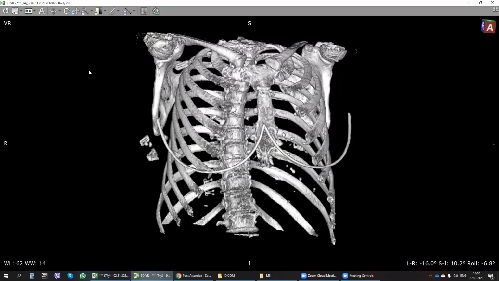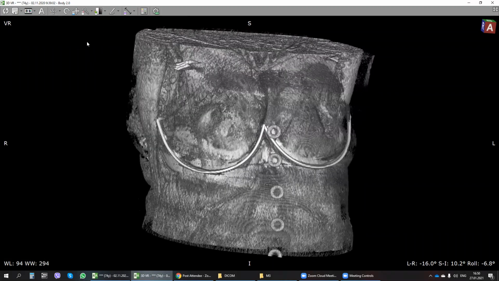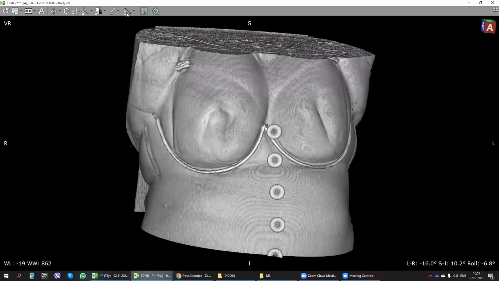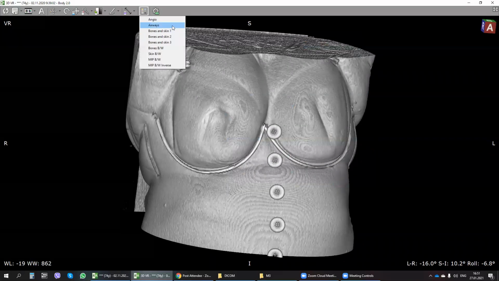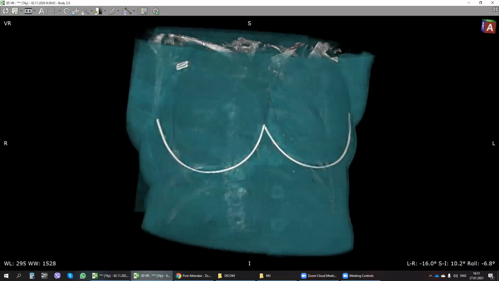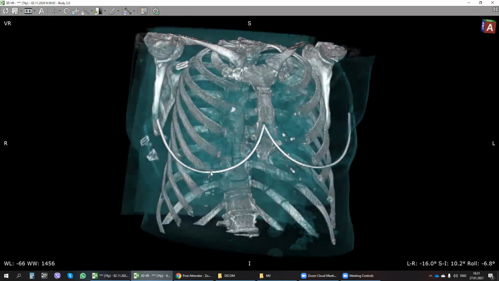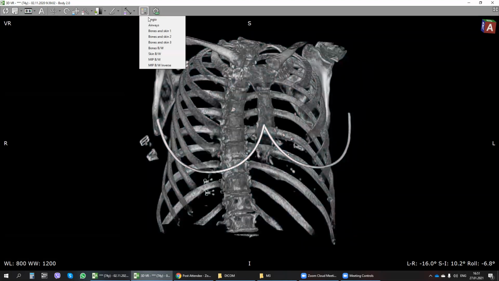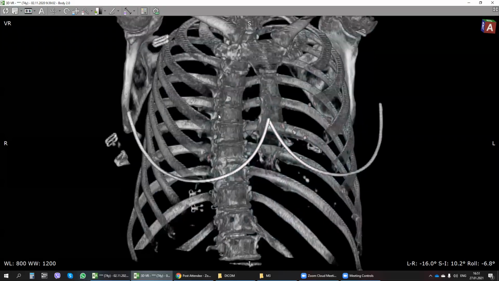Also, I can regulate the depth of the reconstruction. Deeper reconstruction. In case when we use contrast, we can see more vessels. We can also make different adjustments.